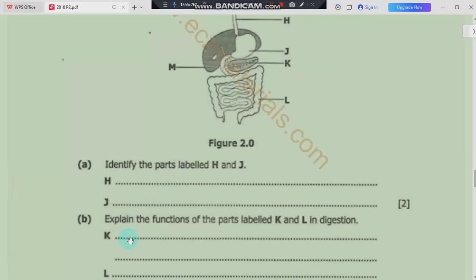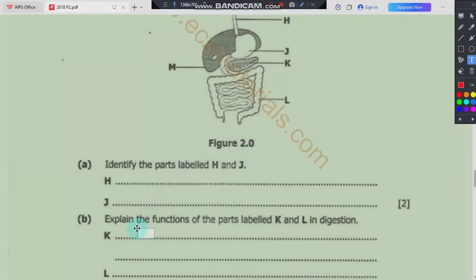This pancreatic juice contains three major enzymes: pancreatic amylase, pancreatic lipase, and pancreatic trypsin.